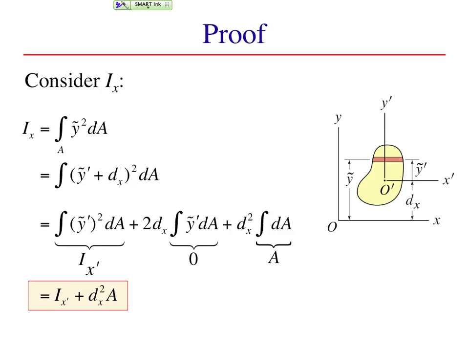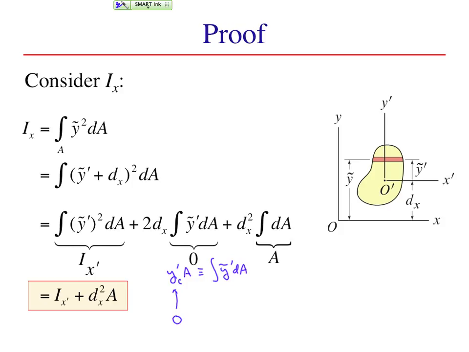The middle term does so because yc prime A is equal to this integral, where yc prime is the y position of the centroid in the prime centroidal axes. But this location is, by definition, 0. So we are left with ix equals ix prime plus dx squared A.